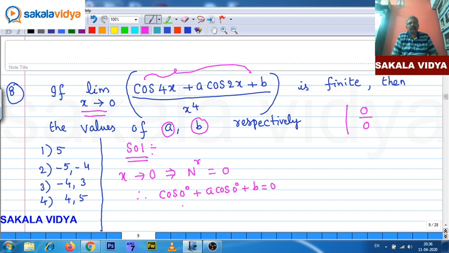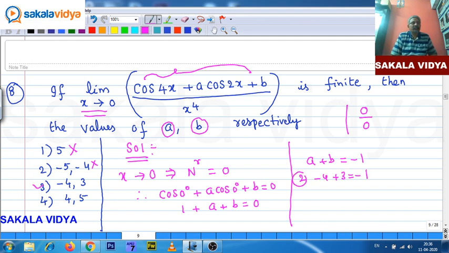Cos 0 is 1, so 1 plus a plus b equals 0. So, we get now a plus b equals minus 1. Now, you need to verify the options. First is ignored, second is minus 5 minus 4, which is minus 9, ignored. Third option, minus 4 plus 3 equals minus 1. Yes, third option is the right option. Option 1 had only one value, that is why we can ignore it.